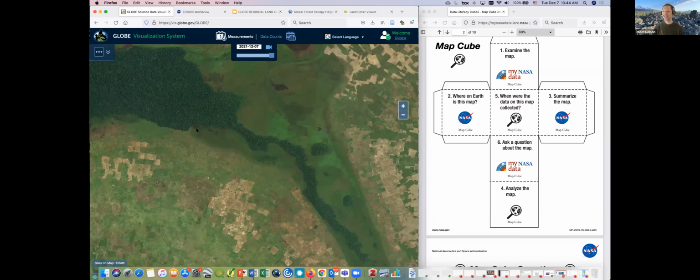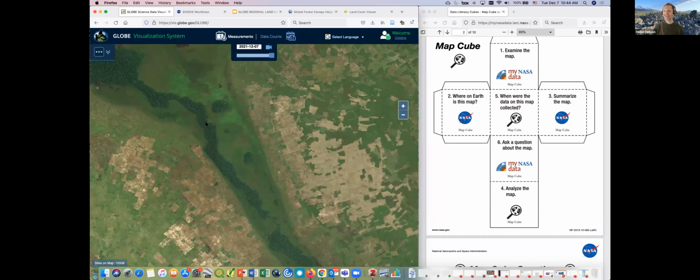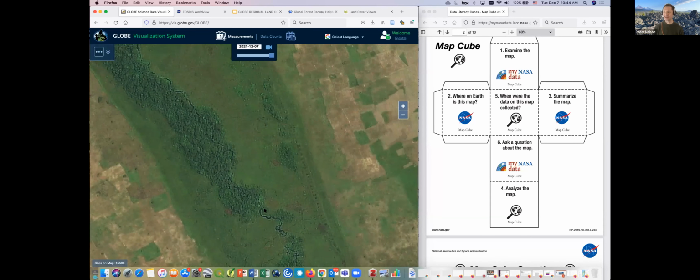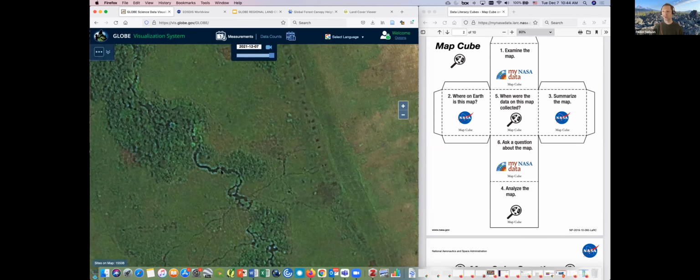One of the things you should see is that a lot of times when you see this big patch, it typically has a tail that goes along with it. One of the things we know about shapes like this is that if we zoom in, you will almost always find a riparian area or water that is being protected.